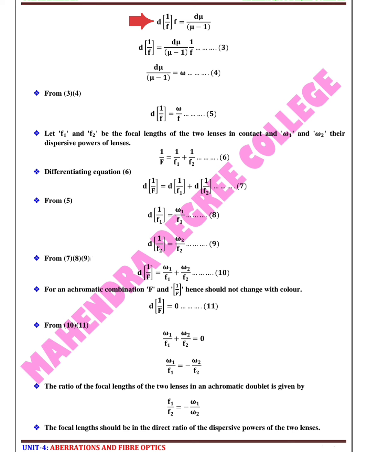The expression becomes differential of 1 by f into f by 1 equals d mu by mu minus 1. Finally, differential of 1 by f into f equals d mu by mu minus 1.